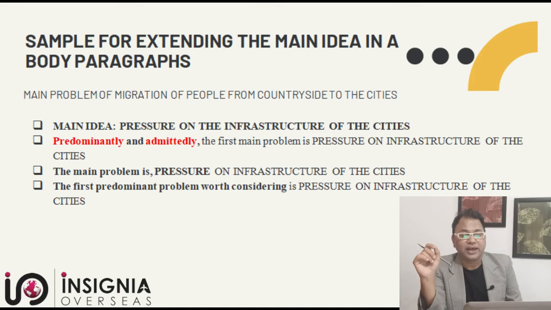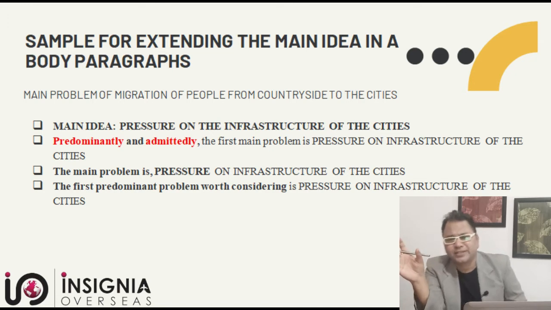You can start your body para by using a starter like predominantly or admittedly. When you're providing your main idea, make sure that your main idea is presented within 2 to 3 sentences of your body paragraph. The second way you can start your body para is probably the first predominant problem or the first solution worth considering is this.